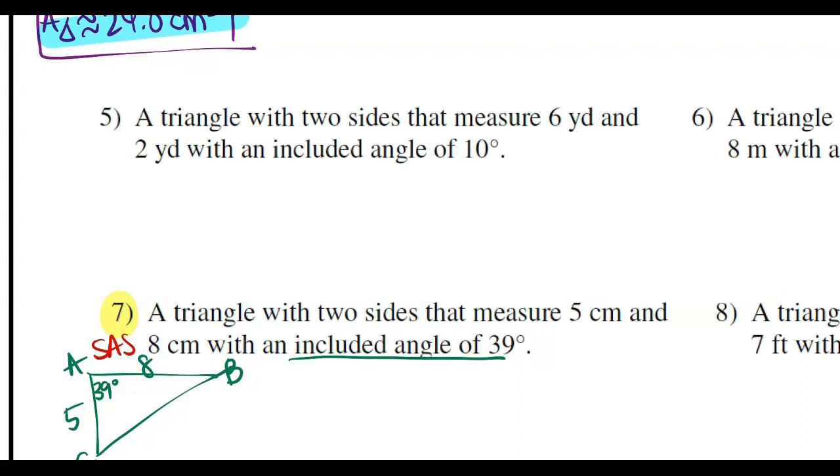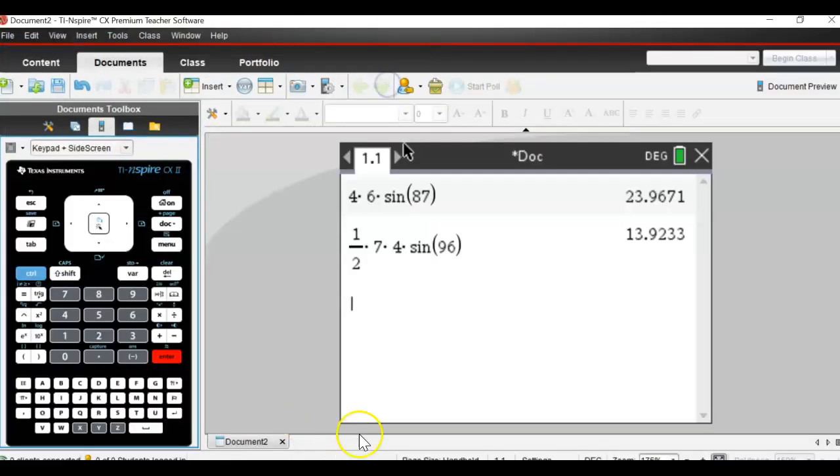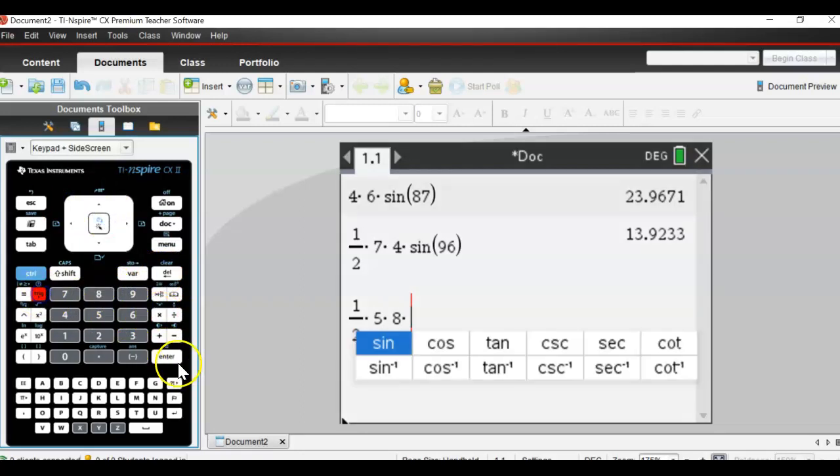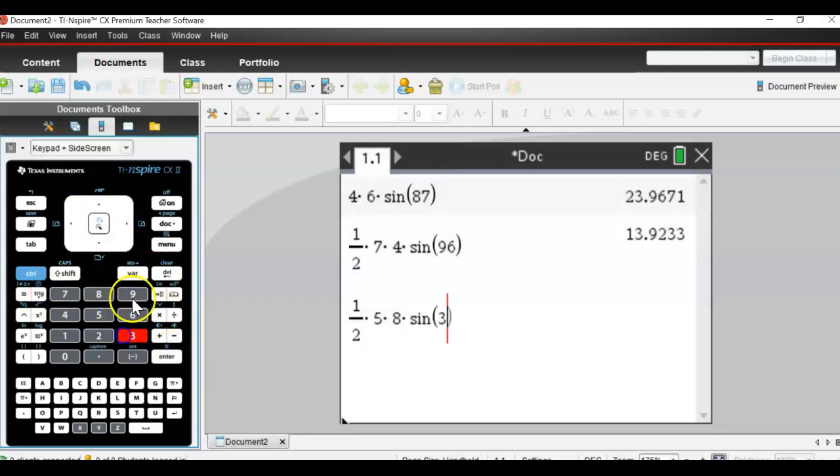Okay, so let's go ahead and use our area formula. The area of my triangle is going to be 1/2 of both of my sides times sine of the angle measure that's given. So in your calculator, to make sure you did this correctly, we're going to type in 1/2. We're going to multiply it by 5 times 8. And then we'll also multiply it by sine of 39 degrees.